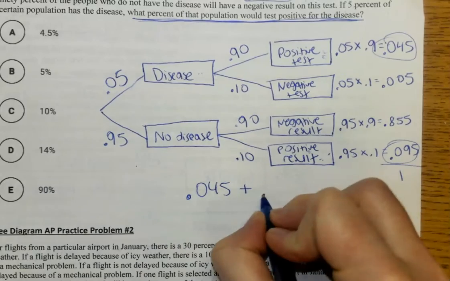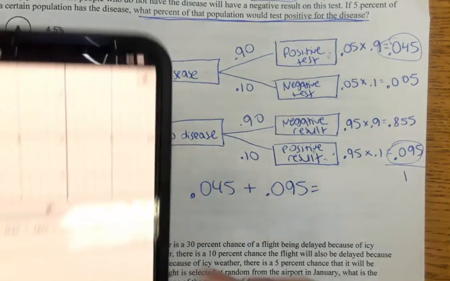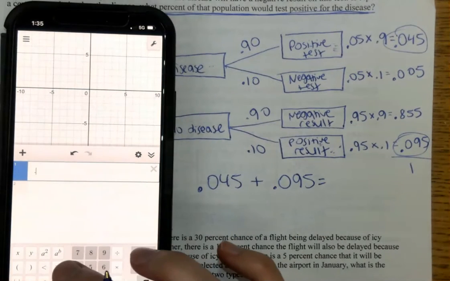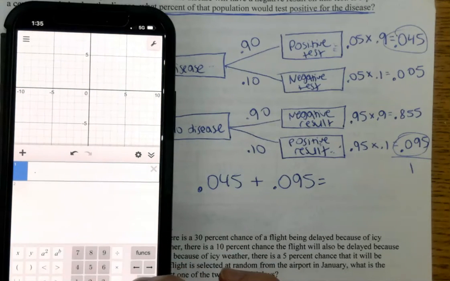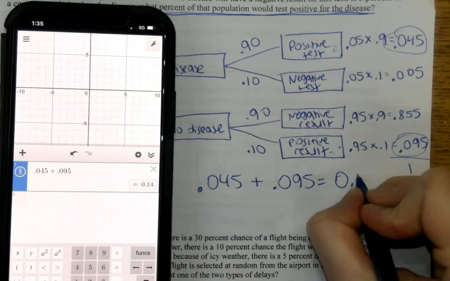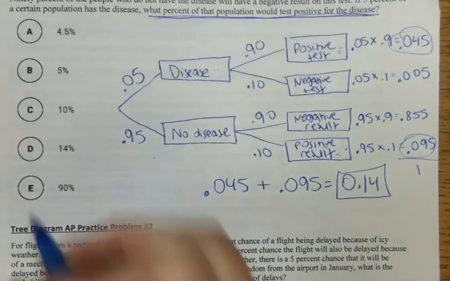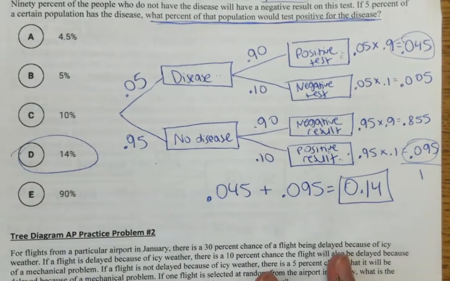So 0.045 plus 0.095 gives me a total probability of testing positive of 0.14. So D is the correct answer here.